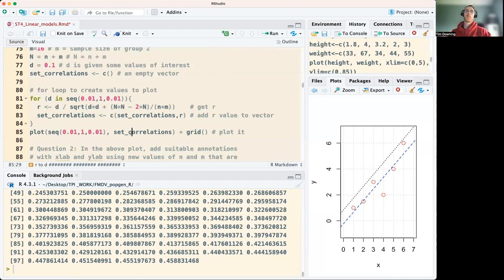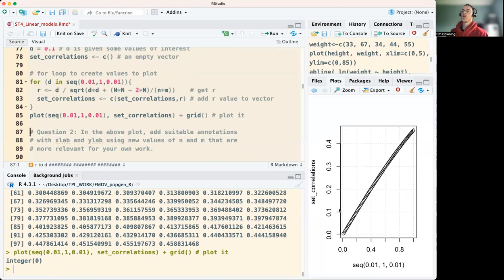So what we're looking at here is the x-axis indicates the d values that we're looking at, and then the y-axis is the correlation coefficient that corresponds to those d values. We can even look at how we get the r squared value.